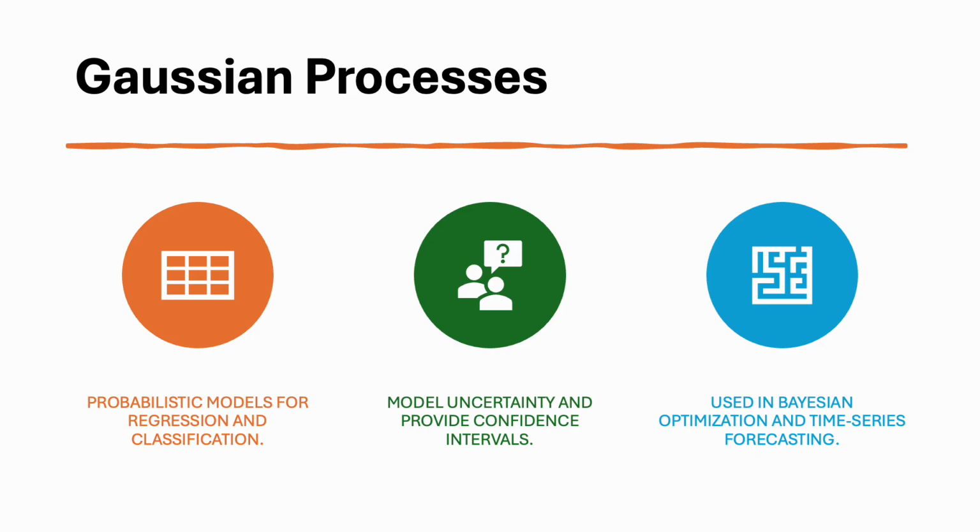This probabilistic approach not only delivers predictions but also quantifies uncertainty, permitting doctors to make more informed and cautious decisions. By integrating data from wearables, electronic health records, and lab results, GPs enable tailored treatment plans that adapt to each patient's evolving health status.